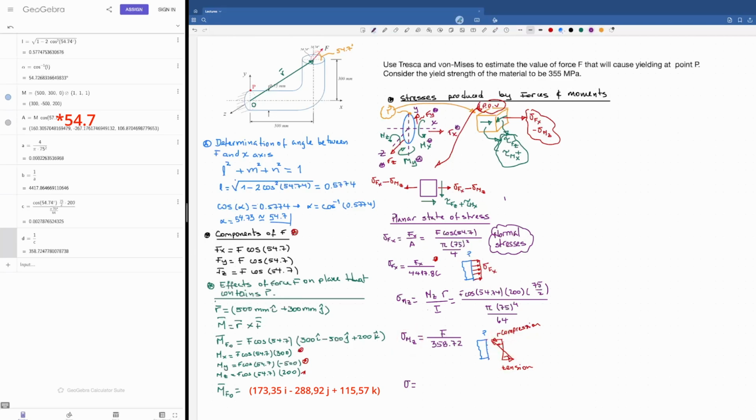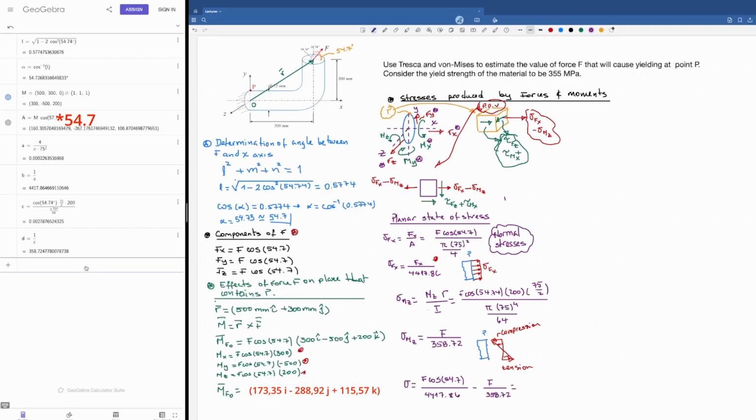So then I need to transform the first force, so it's going to be something like F cosine of 54.7 divided by 4,4. This is the stress caused by the normal force, 0.86, minus this one here, 358.72. And how much is that?